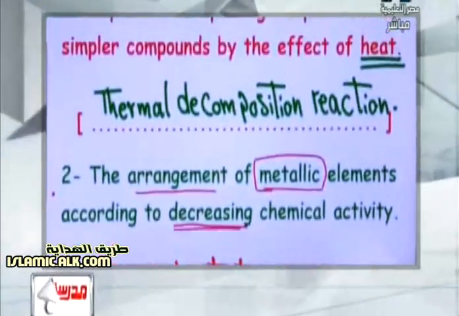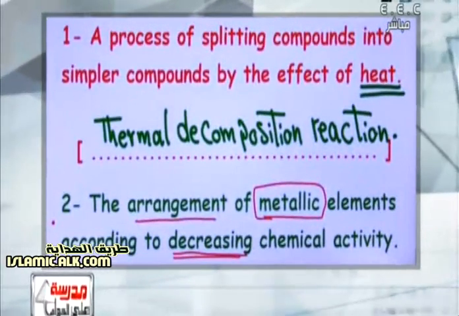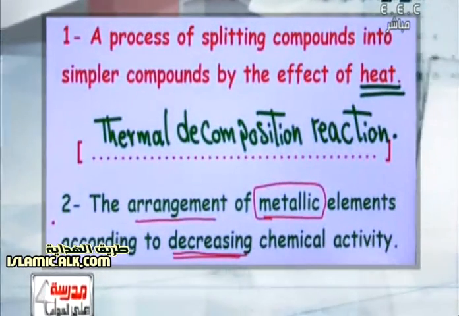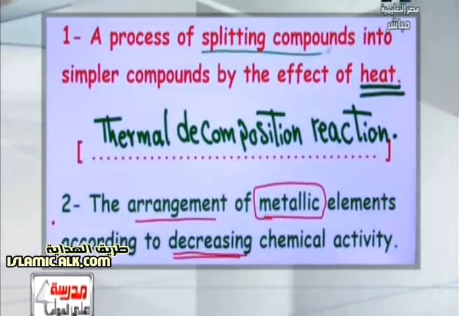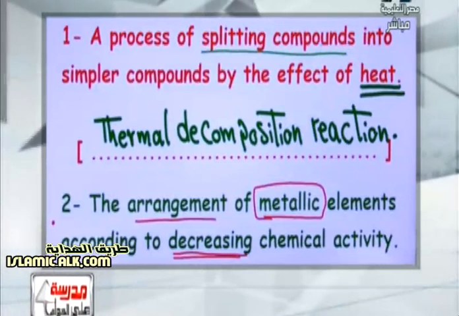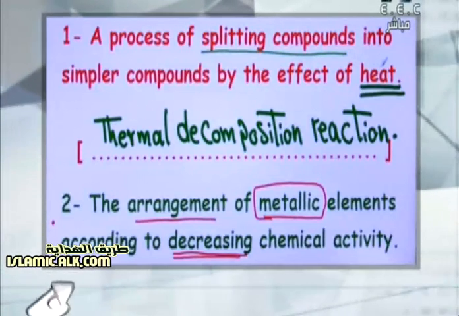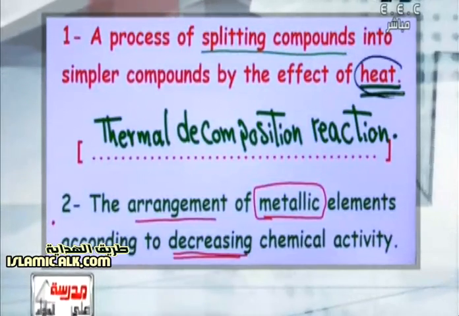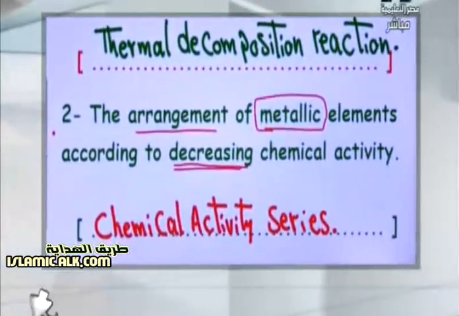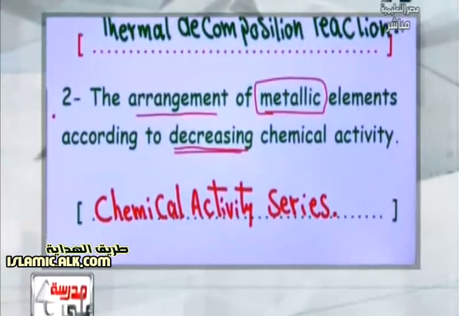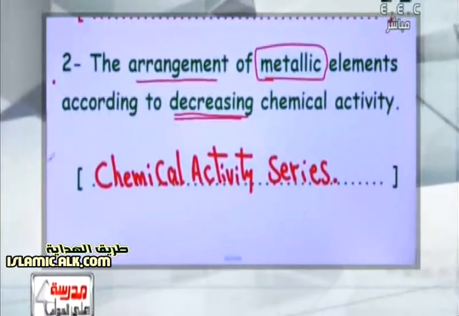So the first is splitting compounds into simpler ones by the effect of heat, thermal decomposition reaction, and the next is the arrangement of metallic elements according to decreasing chemical activity, the chemical activity series.